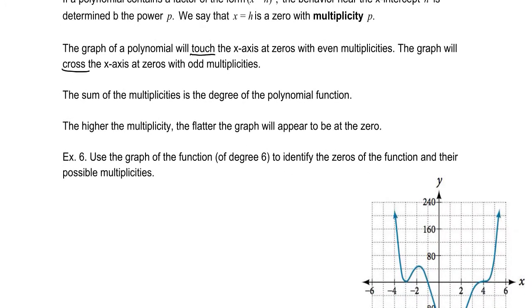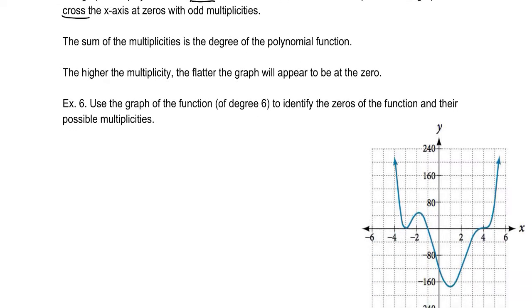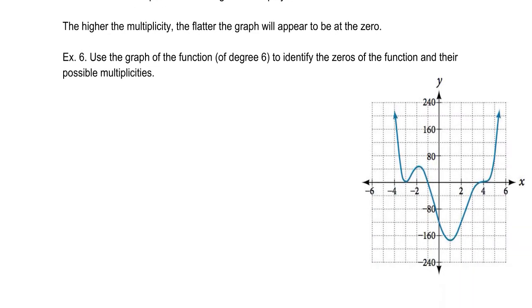So let's use some of those facts here to determine what the multiplicities of the zeros here might be. It looks to be 3 zeros here. We have x equals -3, x equals -1, and x equals 4.